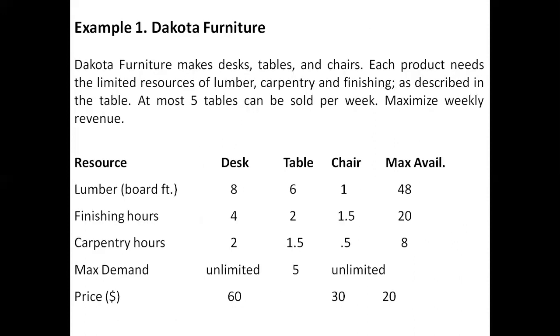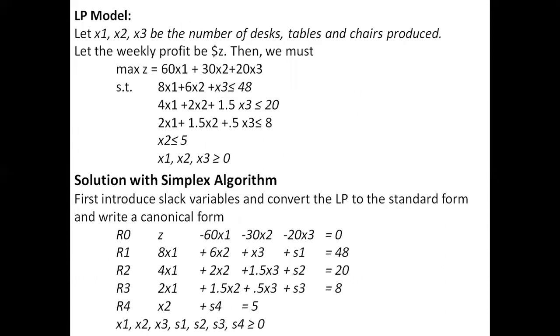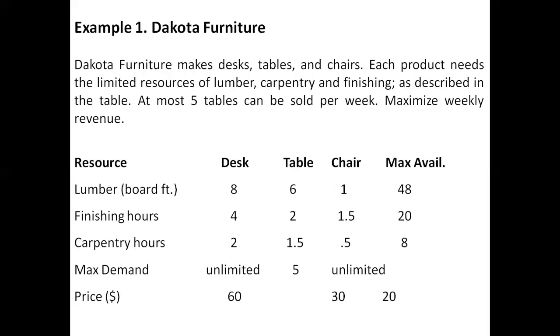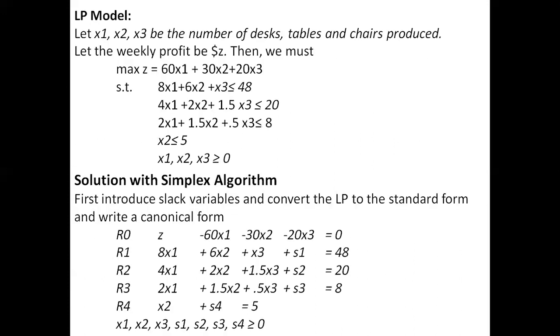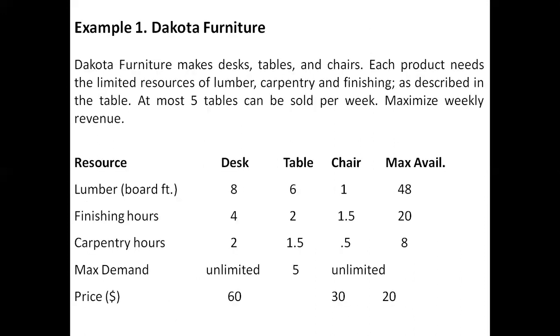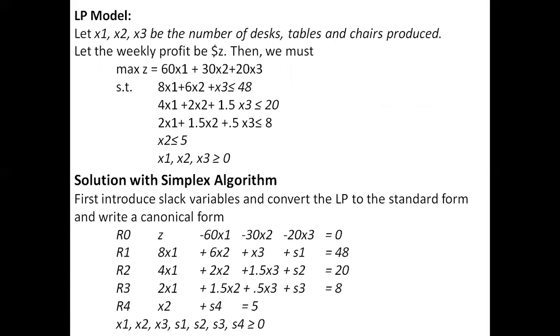And moving on to the lumber boards, that is the maximum feet available: 8x1 plus 6x2 plus x3, 1x3, is less than or equal to the maximum available 48. So 48 is almost greater.